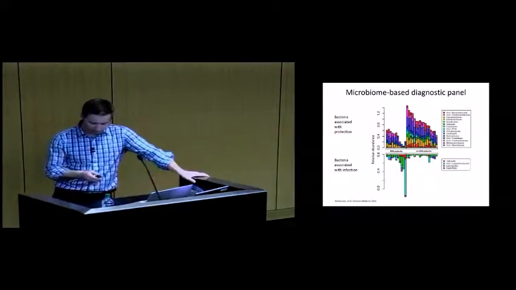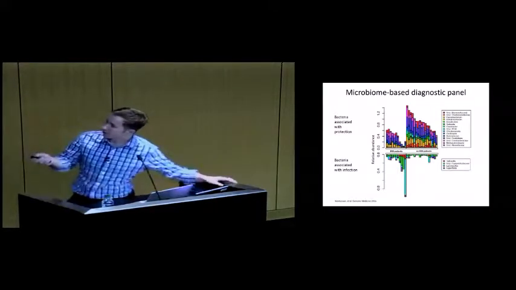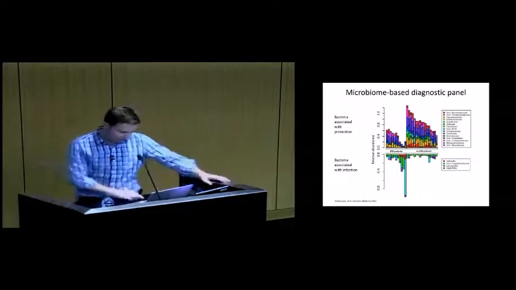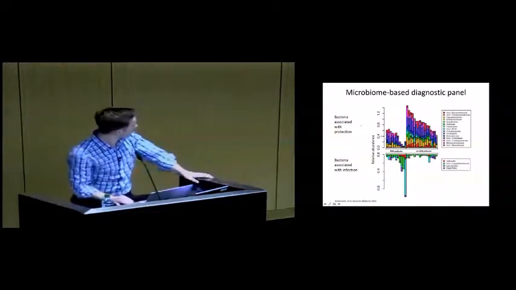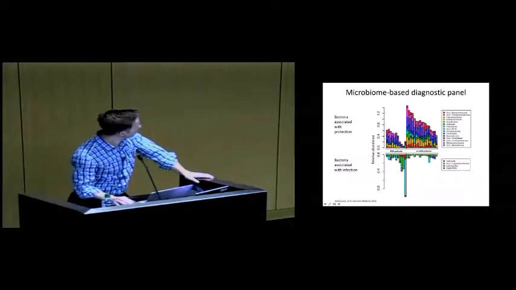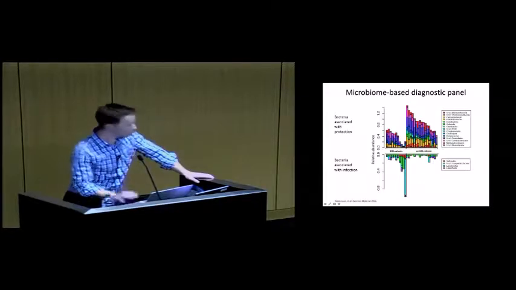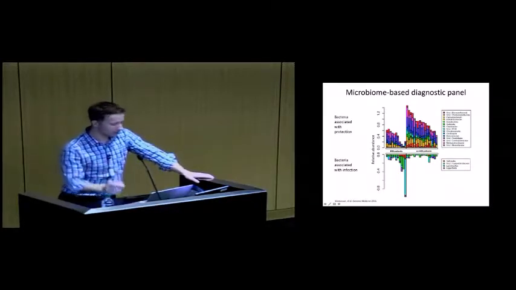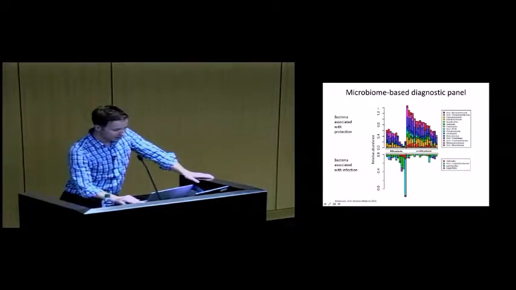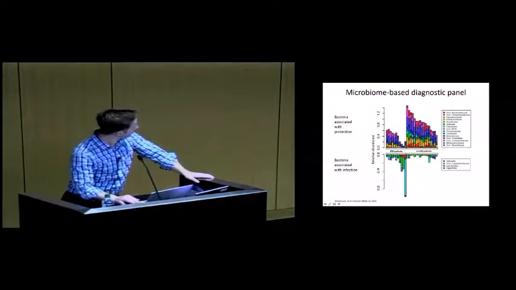So at the top, these are the potentially beneficial or protective microbes. And you can see each patient here who got a bloodstream infection, that's what BSI stands for, these people tended to have a lot less of those so-called protective bacteria than the bacteria at the bottom.